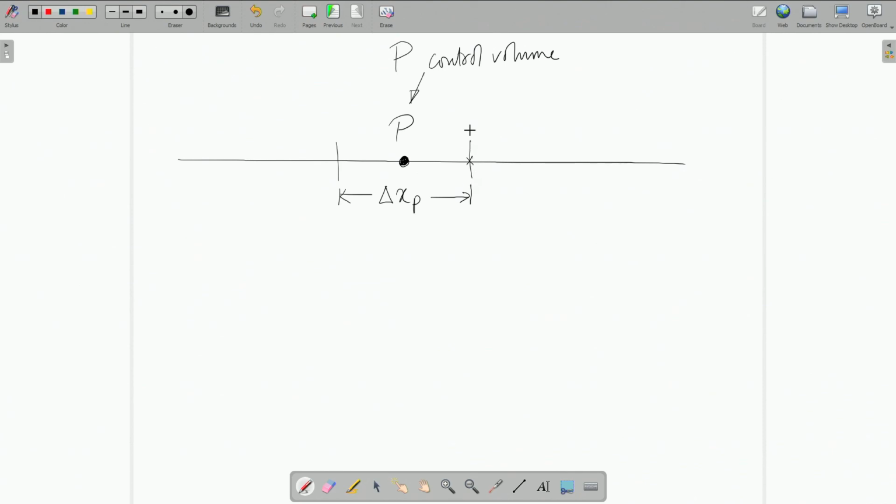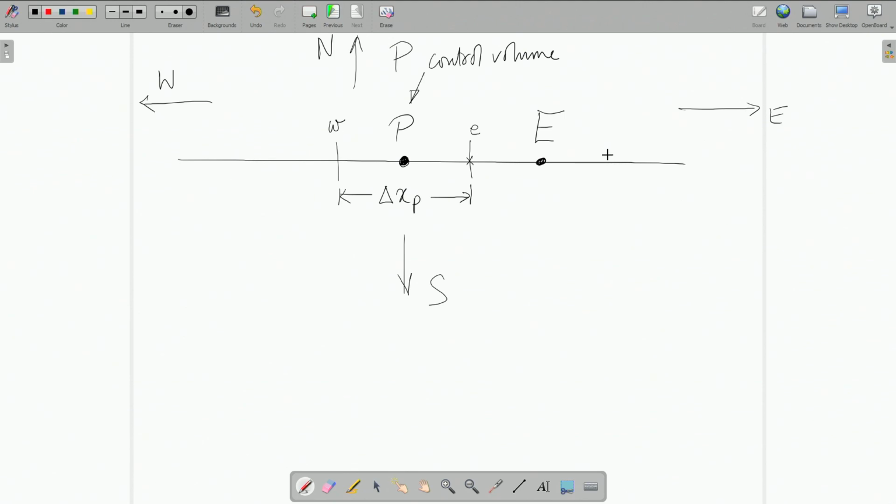And then this could be the east face of P, this could be the west face of P, and then we can move on to neighboring control volumes. So, maintaining the same direction, east, west, if you wish, south and north.